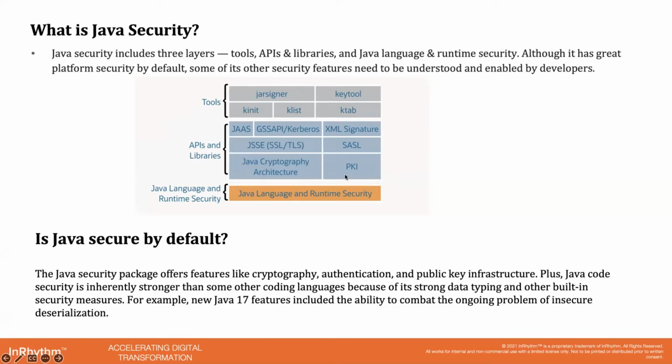Firstly, let's cover tools. Tools are something the JDK security package provides, and we use them to set security policies on our local system and create applications that can work within the scope of security policies set at remote sites.